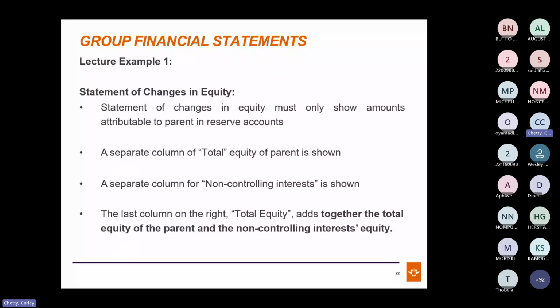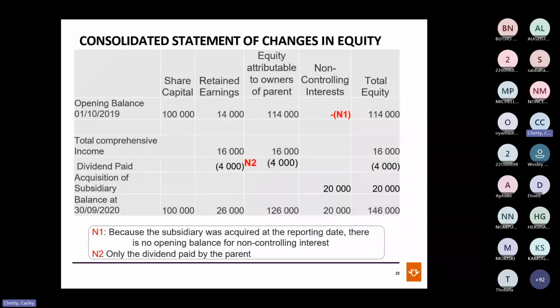So this is our consolidated statement of changes in equity. And they gave us the figures on 30 September 2020. And remember, they actually said to us that P acquired 64,000 shares in S on the 30th of September 2020.